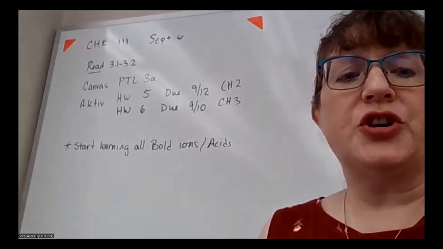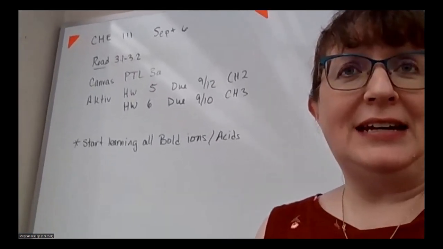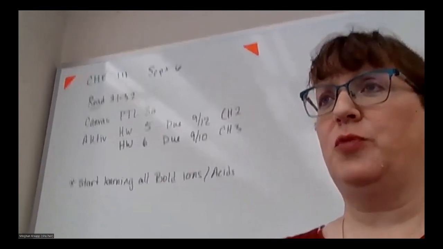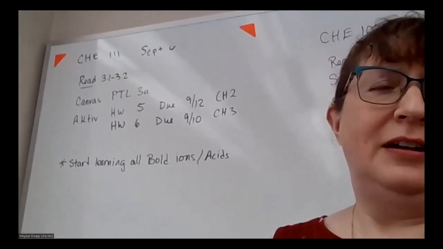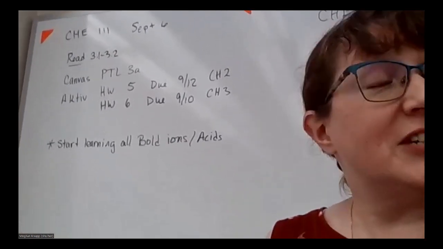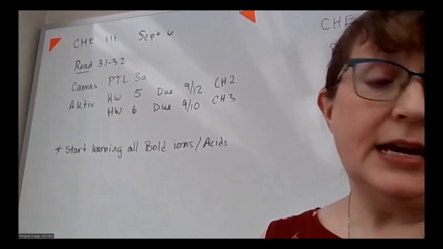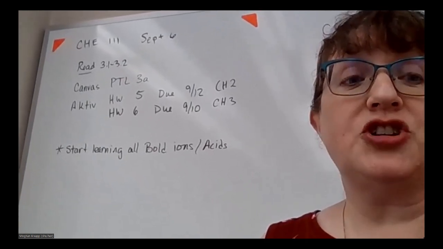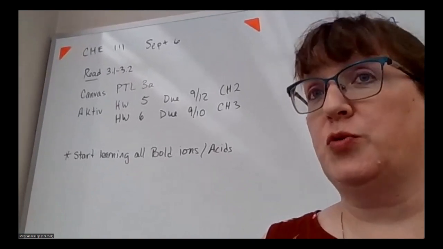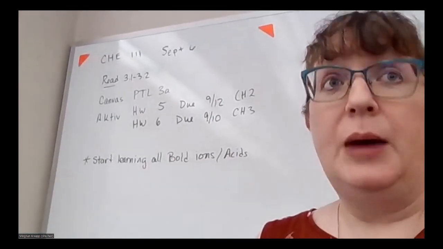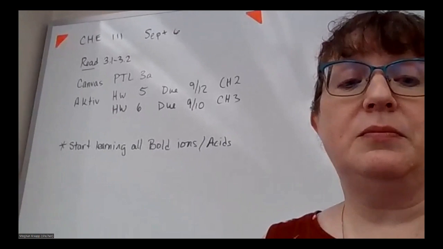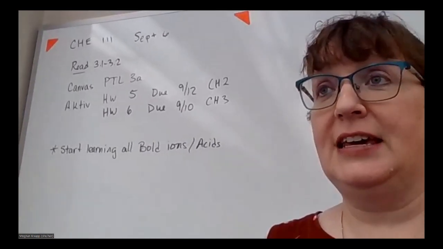And then you want to start learning the bold ions and acids. Now, I discovered when I was looking at our syllabus that we actually have a test next week on Wednesday. So pretty much up through section 3.2 is where we're going to finish for the quiz. But it is going to include these bold ions and acids and things.